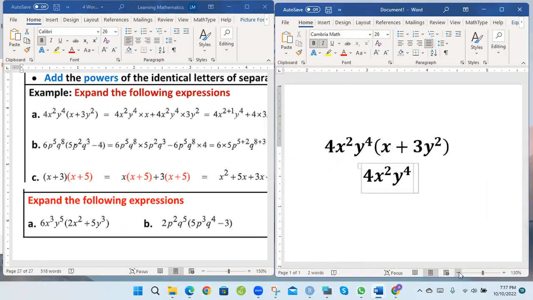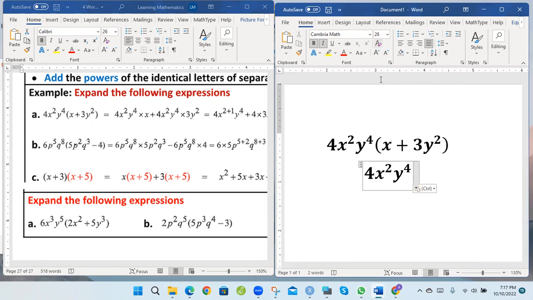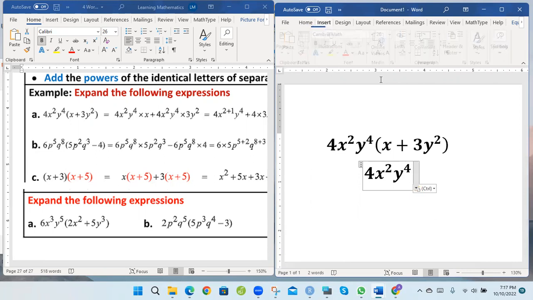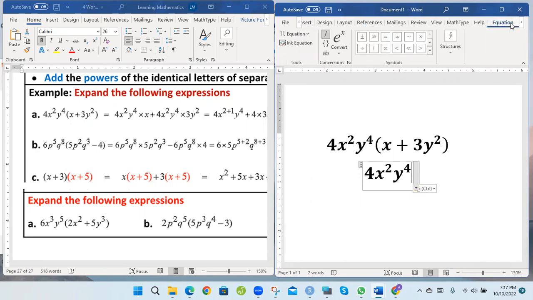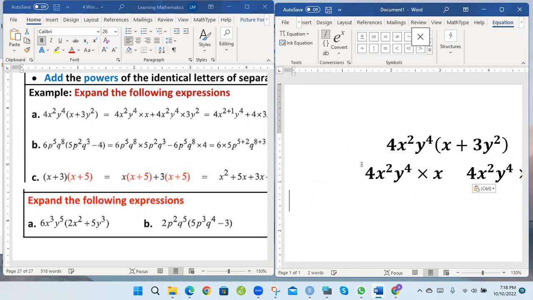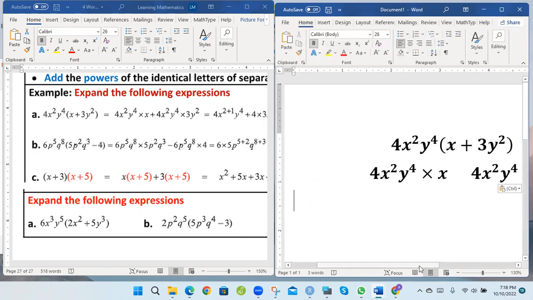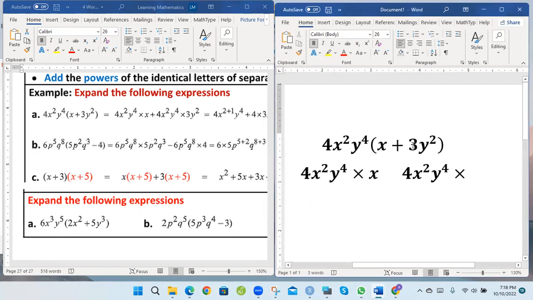So we have to multiply 4x squared y to the 4 to x, and we have to multiply 4x squared y to the 4 to 3y squared.